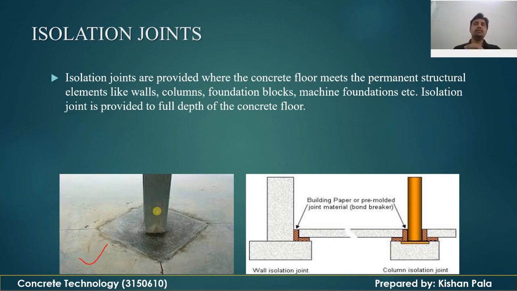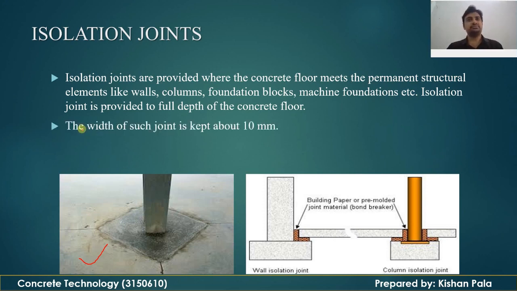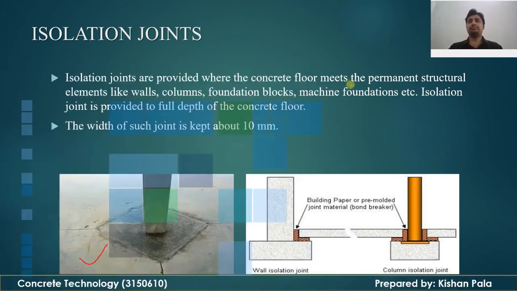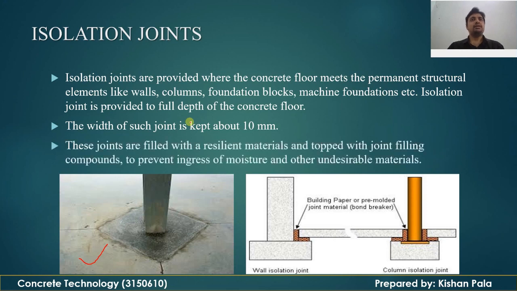So to prevent this cracking issue, we have to provide isolation joints. The width of this type of joint is generally taken about 10 mm, and these joints are filled with resilient material for finishing and with joint filling compounds to prevent the ingress of moisture and other undesirable materials, and you can get the proper bonding.